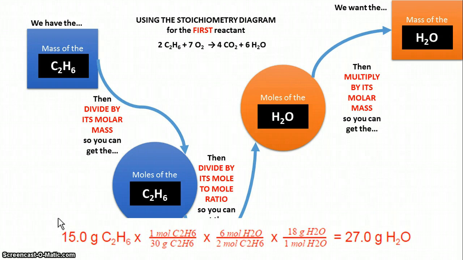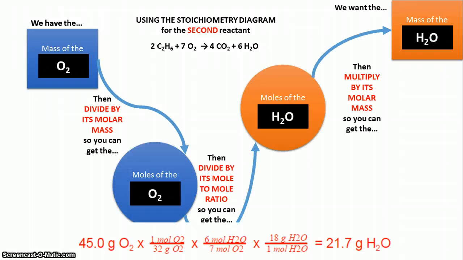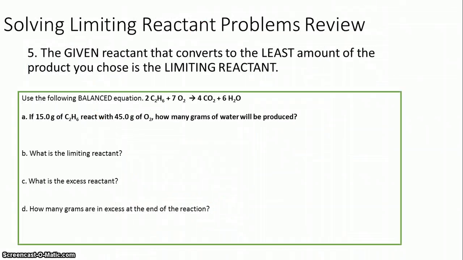What that means is when you compare the 27 to the 21.7, the grams of oxygen gas are going to run out before C2H6. So our limiting reactant is oxygen. That's the one that's going to run out first.